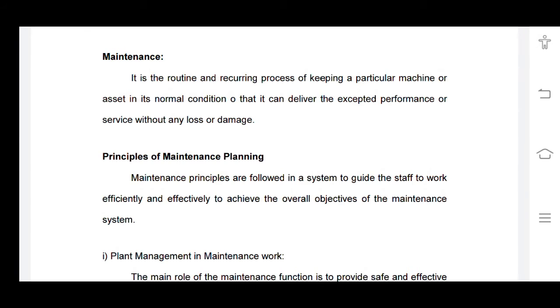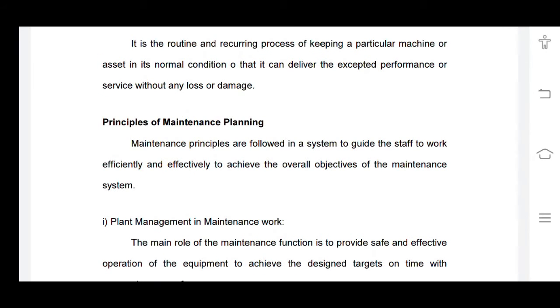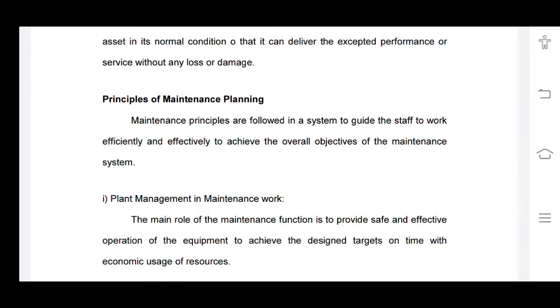Okay, failures occur in an uncertain manner and are influenced by several factors such as design or manufacture, or you can say the construction, maintenance or operation, or you can say also the human error. So maintenance is the combination of all technical, administrative and managerial actions during the life cycle of an item intended to retain it.